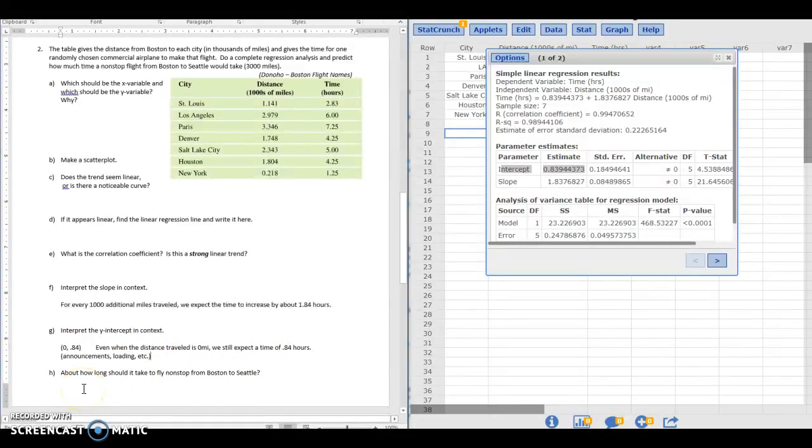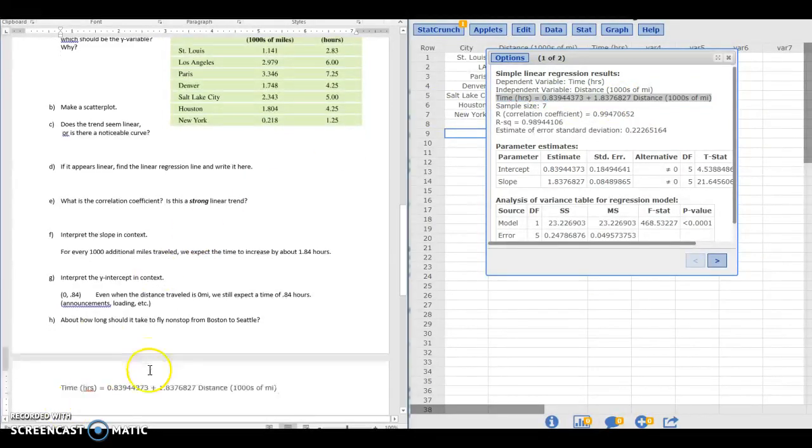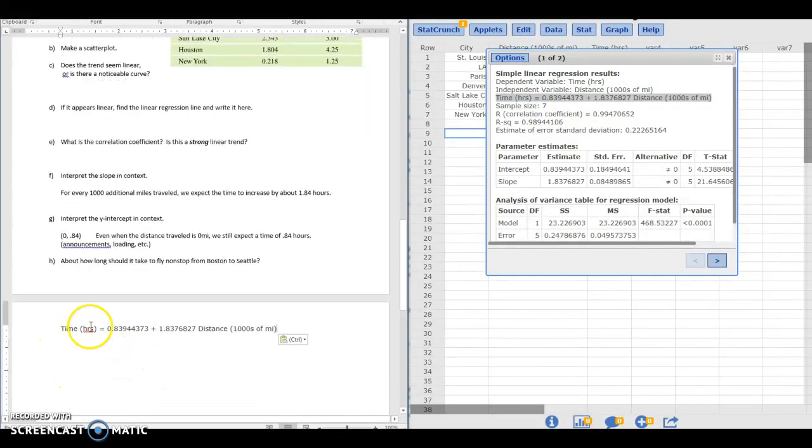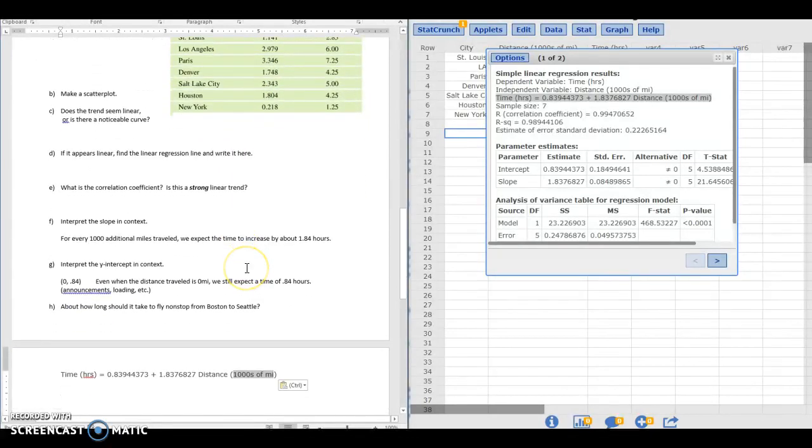How long should it take us to fly nonstop from Boston to Seattle? Well, we're going to use our regression equation. I'm going to see if I can copy and paste it over here. Oh, I can. We're trying to find time when we know that the distance is 3,000 miles from Boston to Seattle.